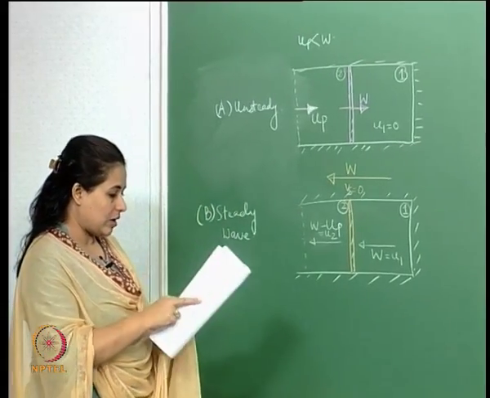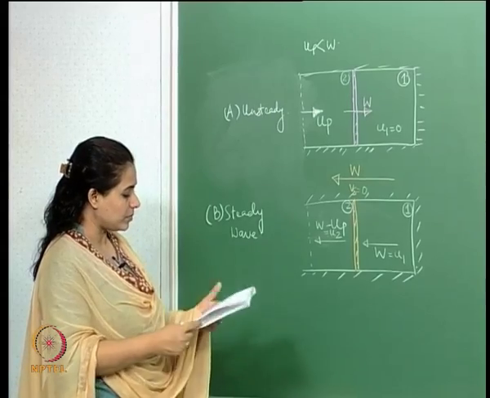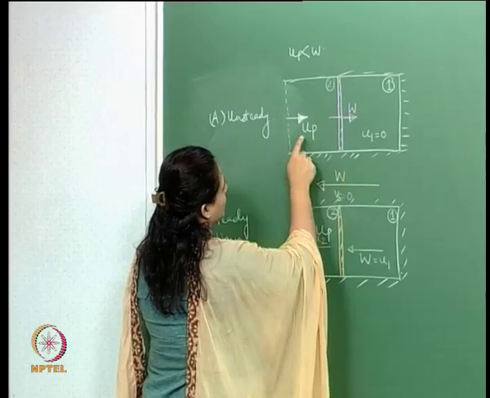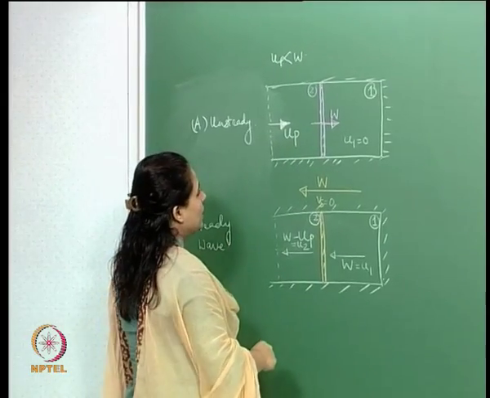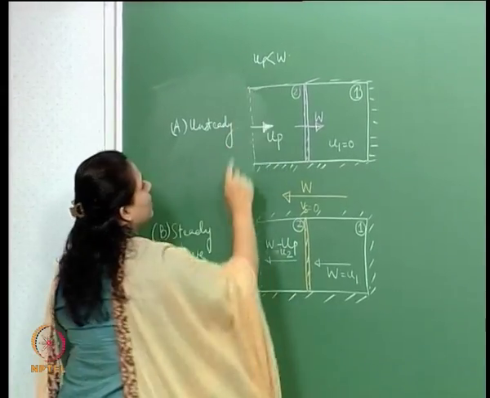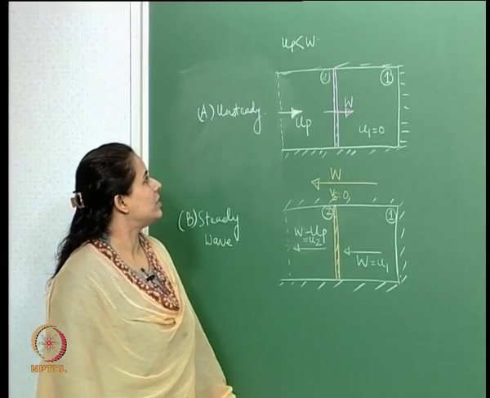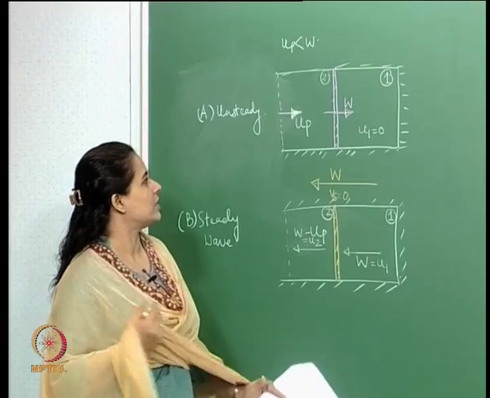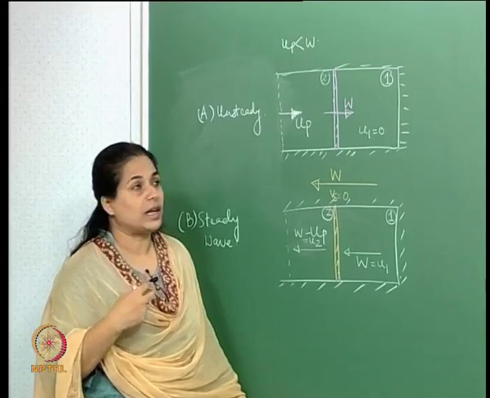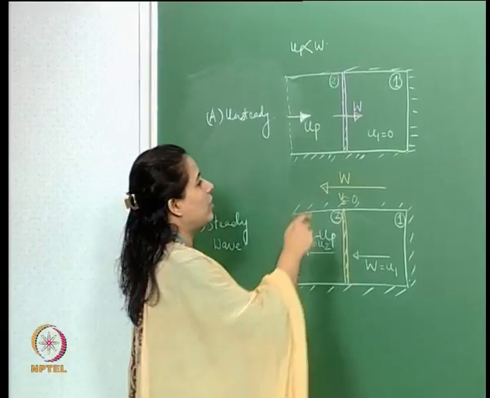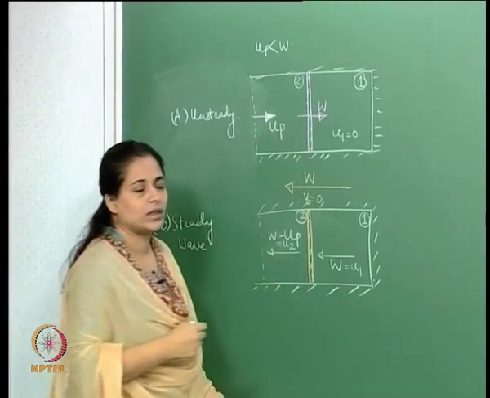Now let us look at some things here. We said that this velocity up is going to be less than w. The question to ask is, can we estimate how much up will be depending on the speed of this shock wave?